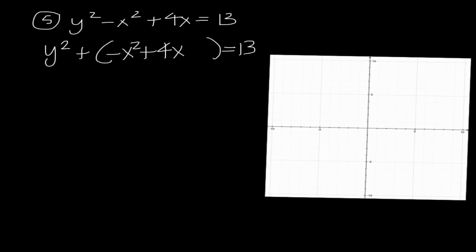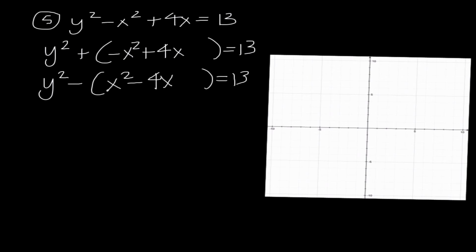Now, as we've learned previously, whenever I have a leading coefficient other than 1, I need to factor that out. So I'm going to do y squared minus, and this is then going to become x squared minus 4x. So that's why I wanted to make sure to put a plus out here, because otherwise it's really easy for me to forget to take a negative out of that middle term as well.